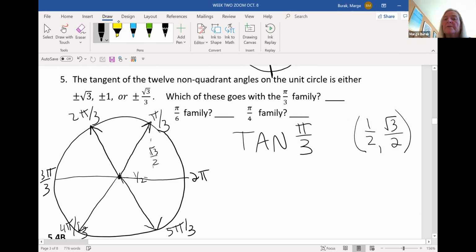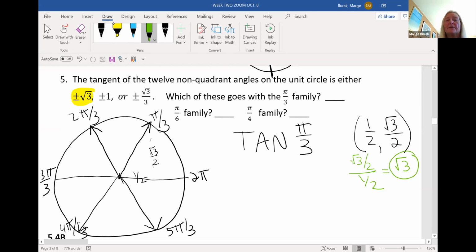Right? So the tangent is y over x. So which one is it? Is it plus or minus radical 3? Yes, it is. Right? Because y over x is going to be square root of 3 over 2 over 1/2. And we know that the 2's cancel. So it's radical 3.